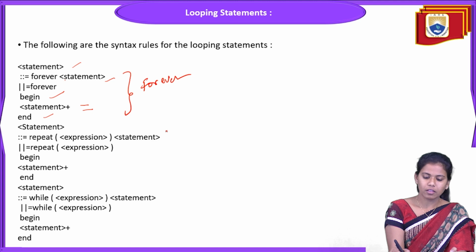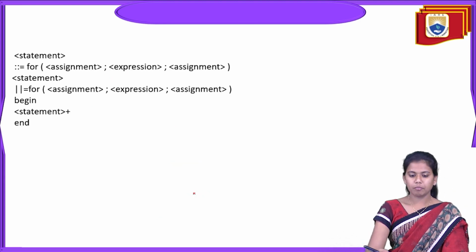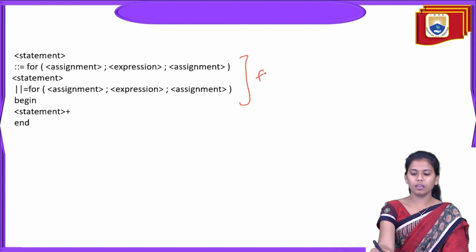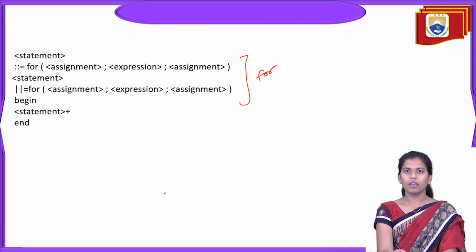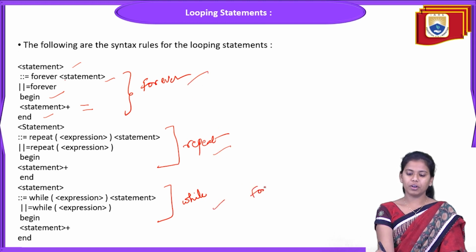This is all about the repeat, this is all about the while, and my next slide is all about the for. As we said, these looping statements are categorized into 4 types: forever, repeat, while, and for.